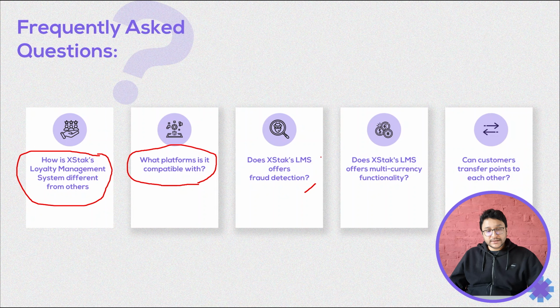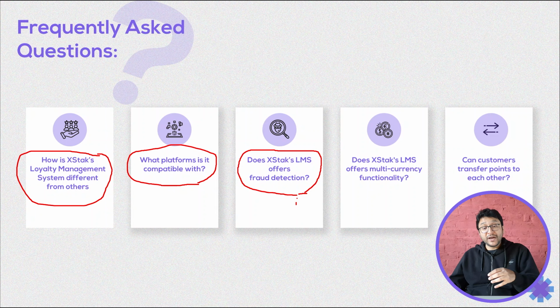The next question is, does XStak's LMS offer fraud detection? The answer to that is yes. You are able to configure very powerful reports that flag any fraudulent activity to you in real time. You can have these alerts configured within our loyalty management module that allow you to see fraud as you define it.